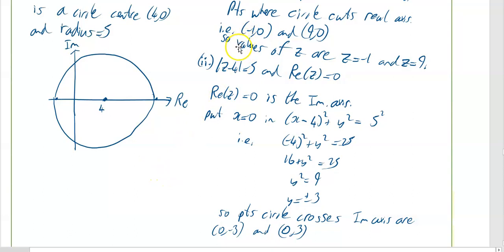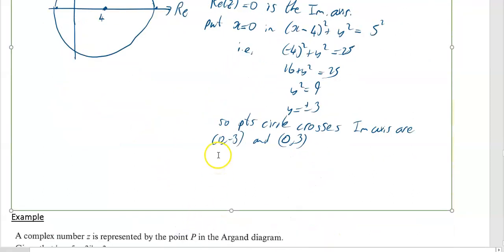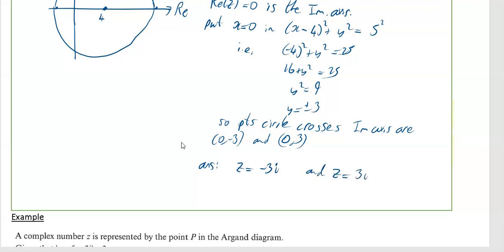Yep, it said to give you the z value, so that's not the coordinate. So the z values of these, remember, this means 0 real, but minus 3i, and 0 real, and positive 3i. So the answer for this one is z is equal to minus 3i, and z is equal to positive 3i.